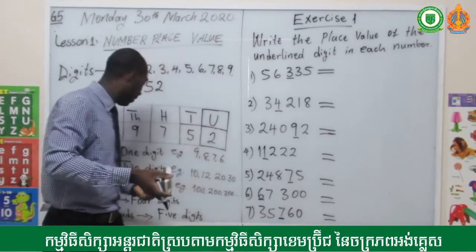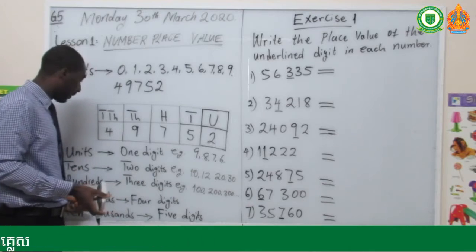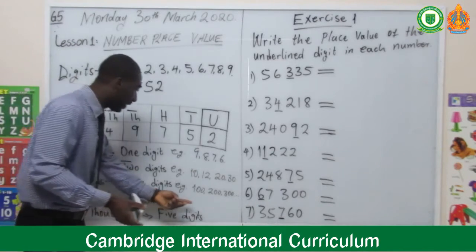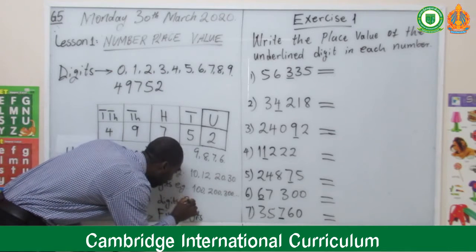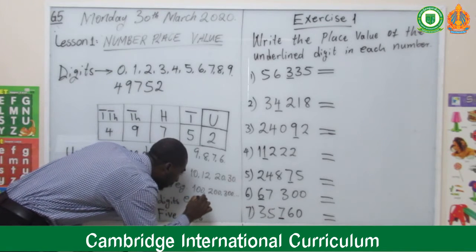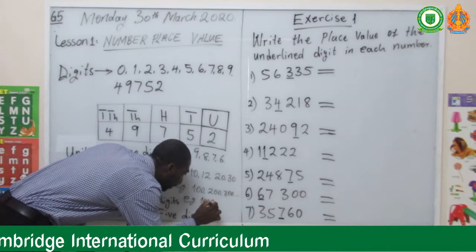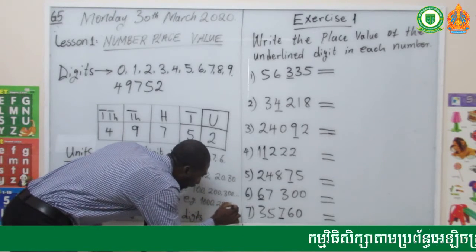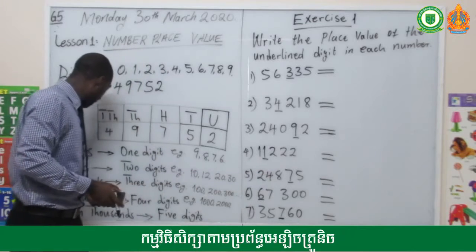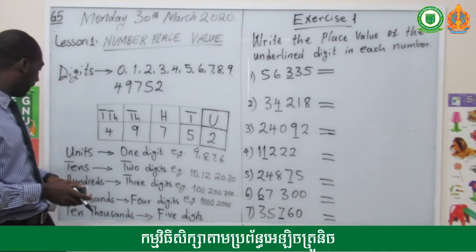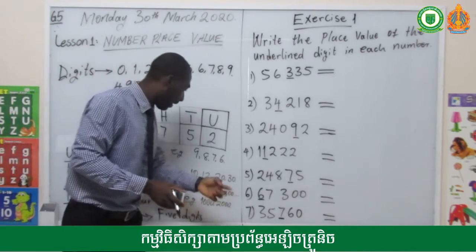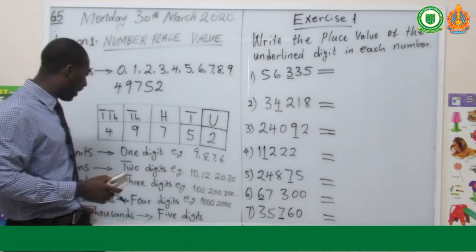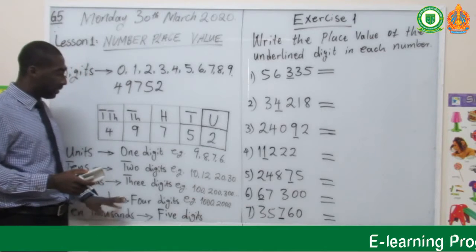Then from 900 you move to 1,000. So thousands, we are looking at 4 digit numbers. We start from your usual 1,000, 2,000, and then it continues up to 9,000. Okay? So this is how we identify our digits.